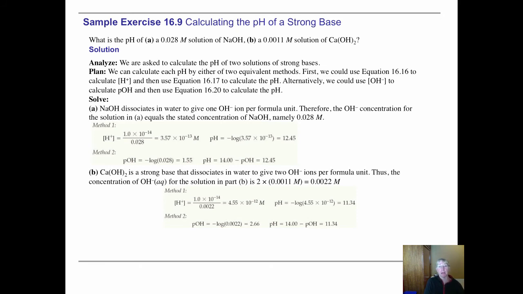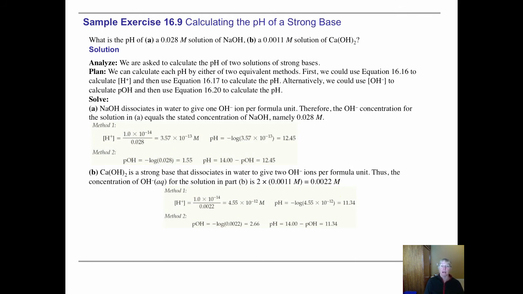When you get to problem B, this time notice that if you have a 0.0011 molar solution of calcium hydroxide, yes, it's 0.0011 molar in calcium, but we only care about the hydroxides. And since you have a little 2 there, you have to double the concentration. Now we have the hydroxide ion concentration.